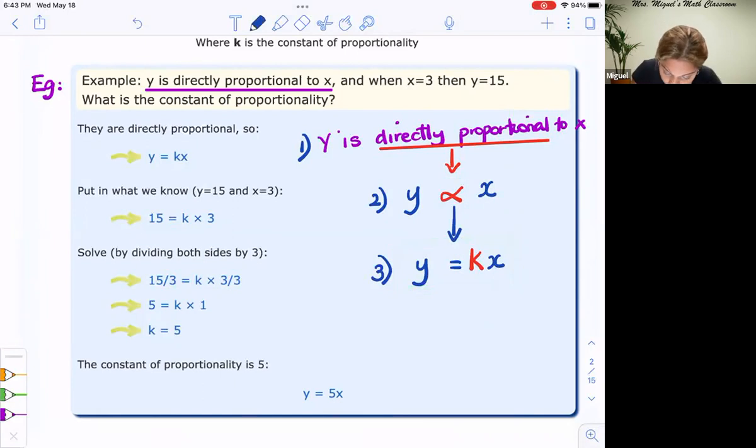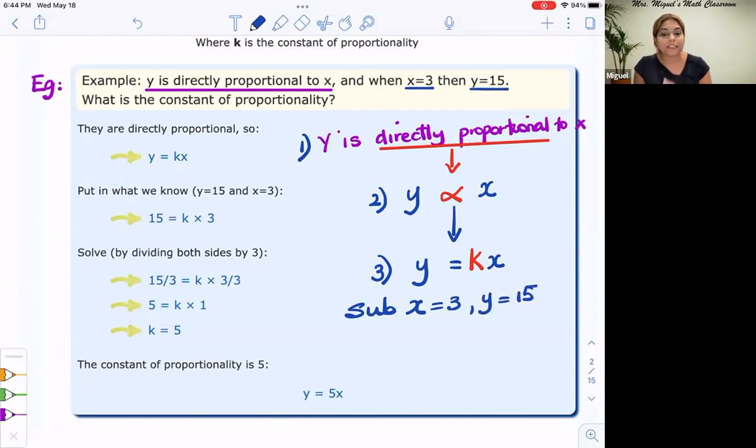So now the question, I'm going back to the question. The question told me when X is 3, Y is 15. So substitute X equals 3 and Y equals 15. Substitute means to replace. So I am replacing Y with 15 and I am replacing X with 3.